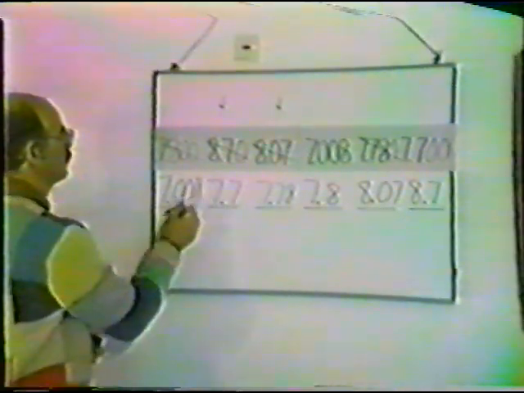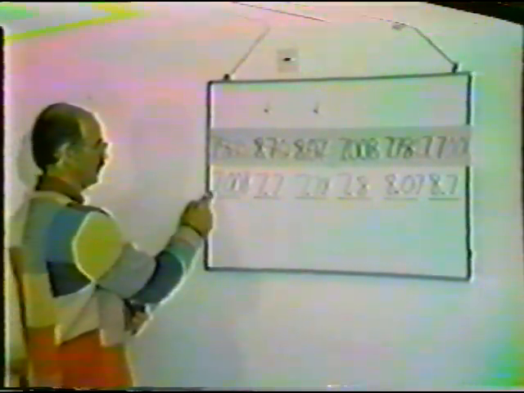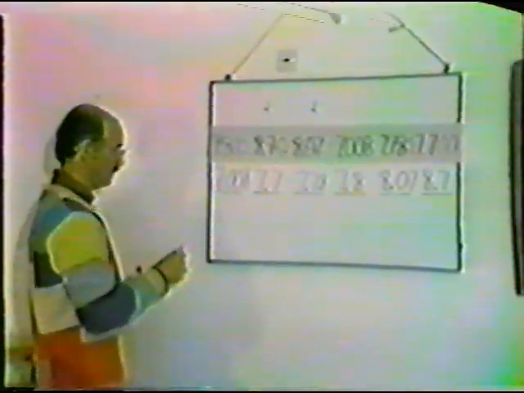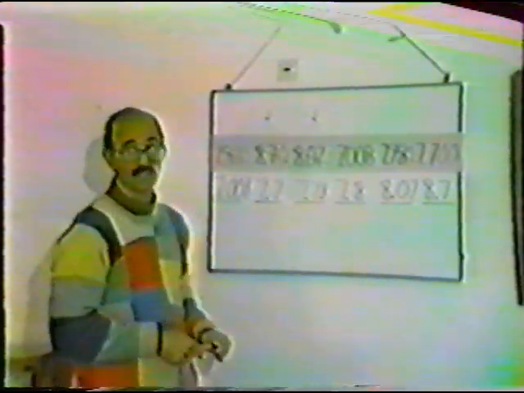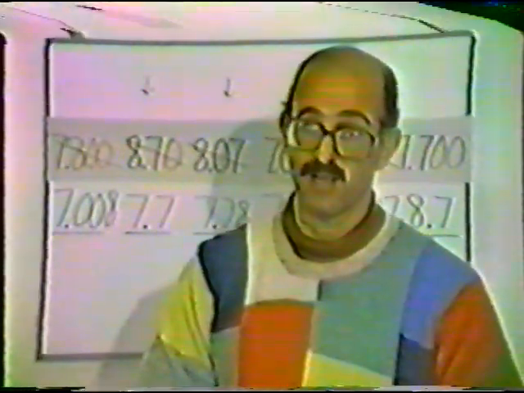And please read it to me. 7 and 8 thousandths. Yes, and there'll be many times in your work with decimals that you might have a list of numbers and you need to put them in proper order, and this is how we do it.